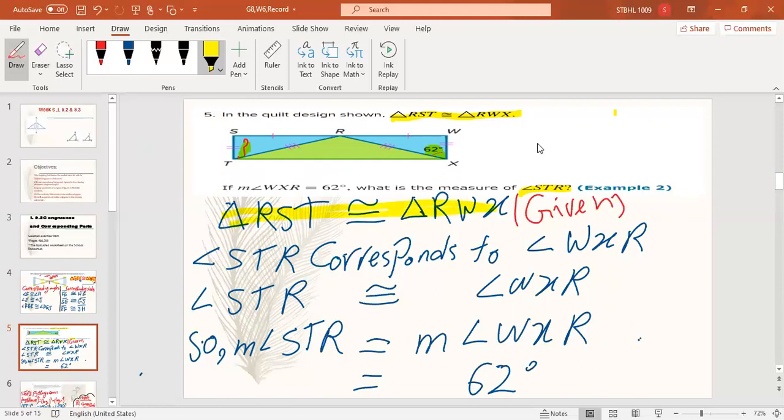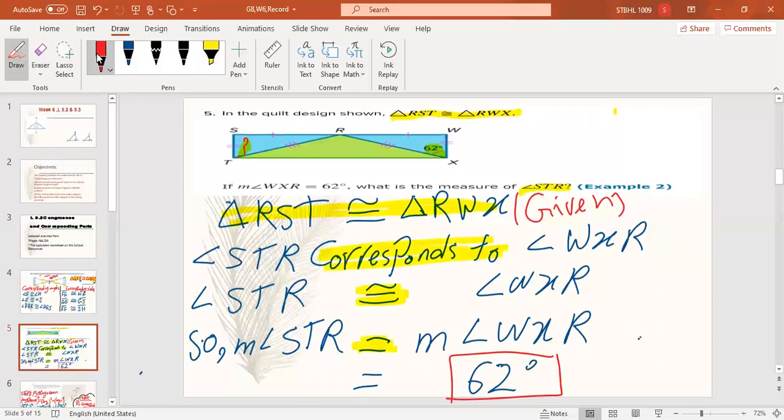And then angle STR corresponds to angle WXR. Therefore, angle STR is congruent to angle WXR. Therefore, measure of angle STR equals measure of angle WXR, which is already given, equals 62 degrees.